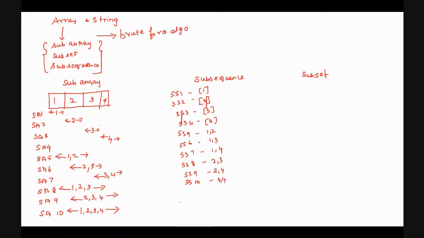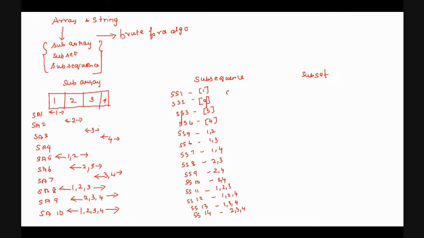3, 4. And then my next subsequence will be framed with 3 elements, 1, 2, 3. Subsequence 12 will be 1, 2, 4. Subsequence 13 will be 1, 3, 4. Subsequence 14 will be 2, 3, 4.